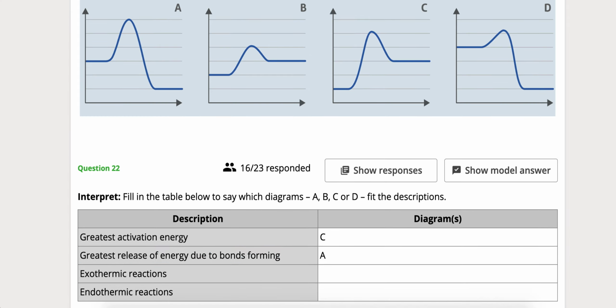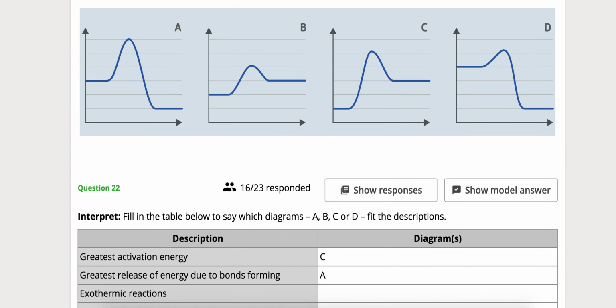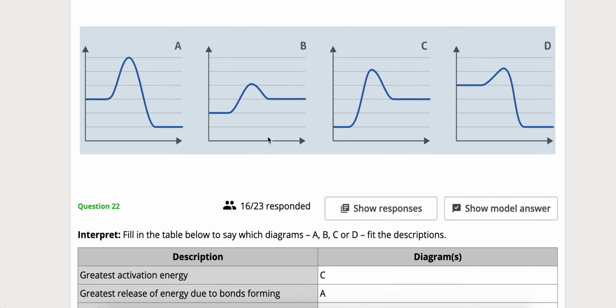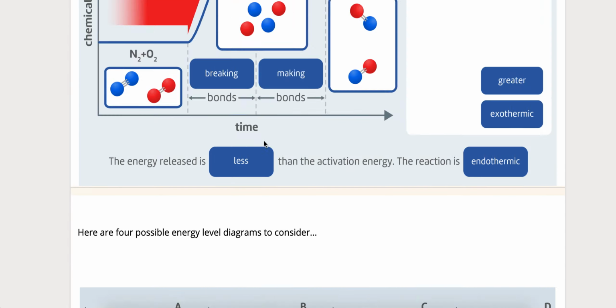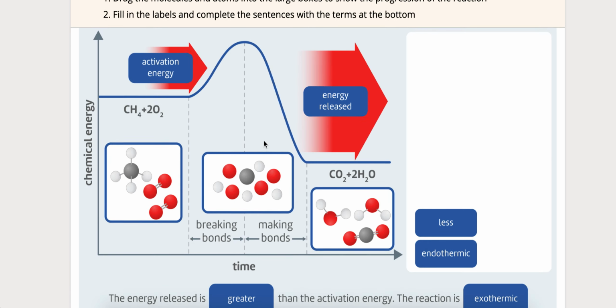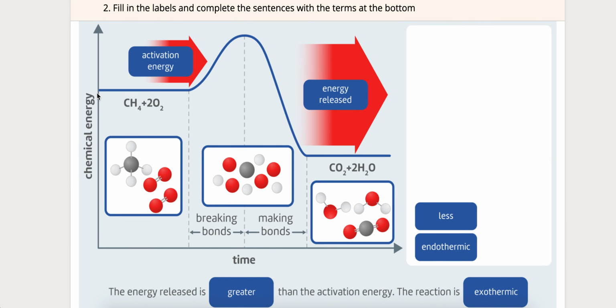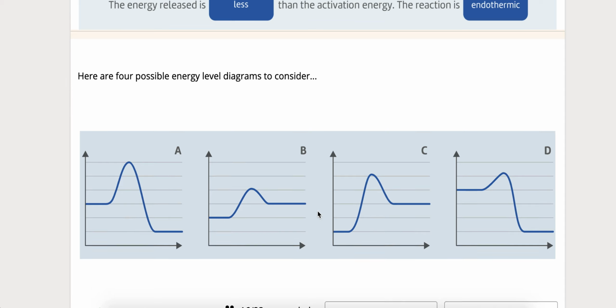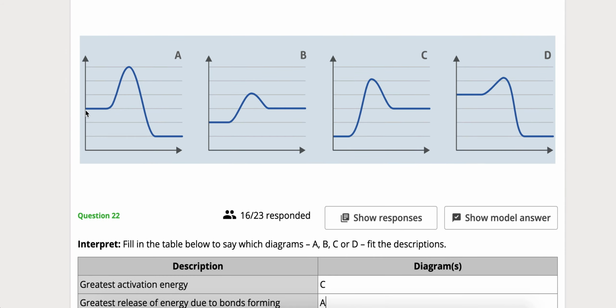Now, out of your 4 graphs here, which ones are your exothermic reactions? Remember, for exothermic reactions, we start with more chemical energy and then it drops. So we're looking for that general shape: we start higher, then we get lower.